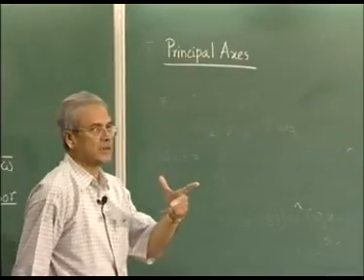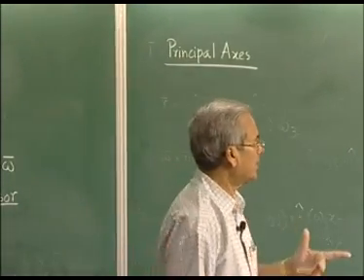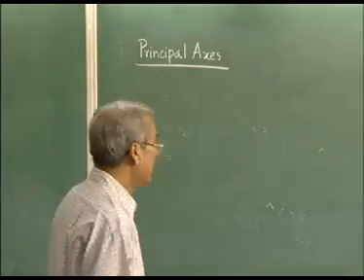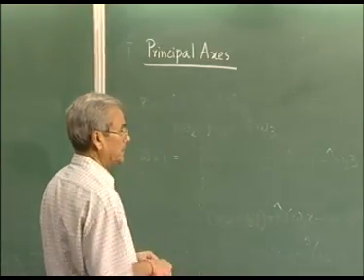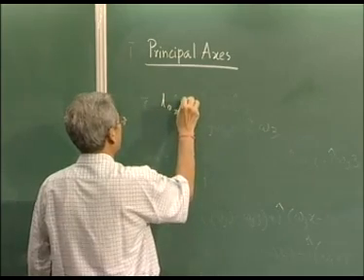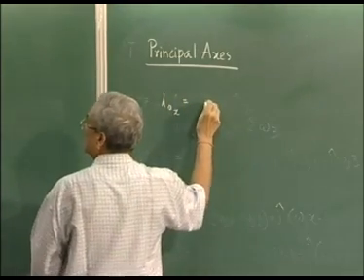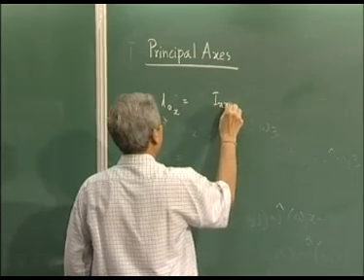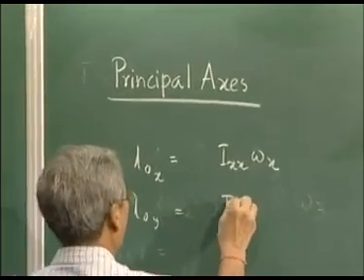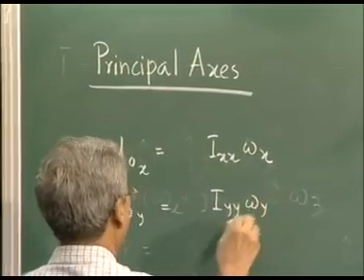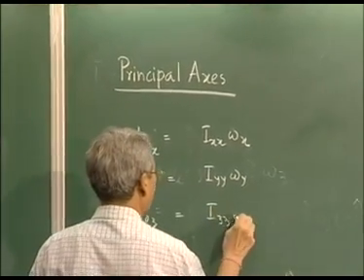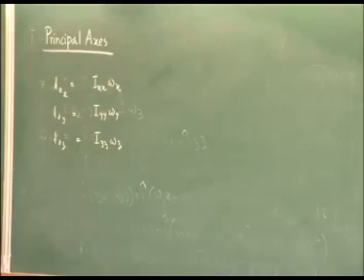So, if we align these mutually perpendicular 3 axes x, y, z along the principal axis, which always exist, then the products of inertia will vanish, and the angular momentum vector can be then represented into 3 components. 3 components will be I x x omega x, I y y omega y, so it is a very happy situation.